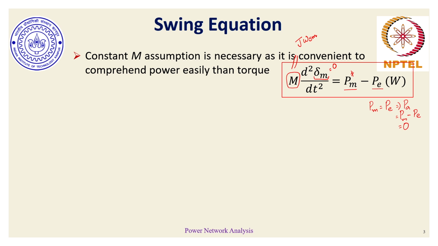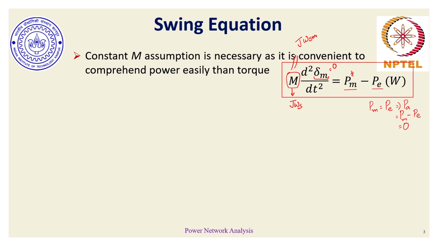The actual swing equation consists of the term J omega S instead of M. This assumption of choosing omega S equal to omega Sm in defining the constant M works well for transient rotor angle stability analysis and helps in analyzing the effects on the rotor more effectively.